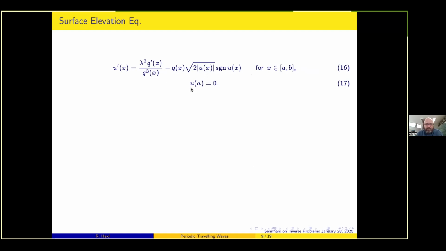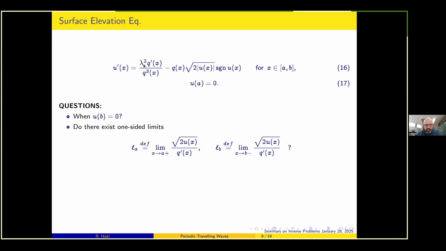There always exists a solution on the whole interval, but we need to investigate other things also. We are interested in the cases when the solution U at the point B is also 0. Of course, this can be done by this parameter lambda.